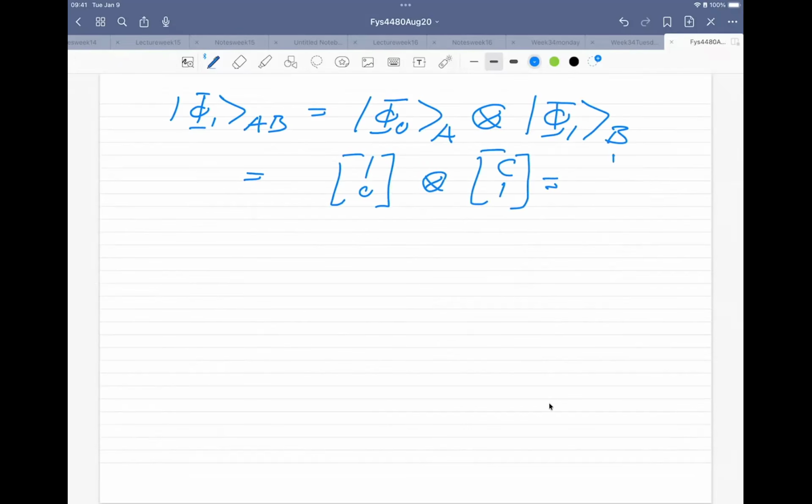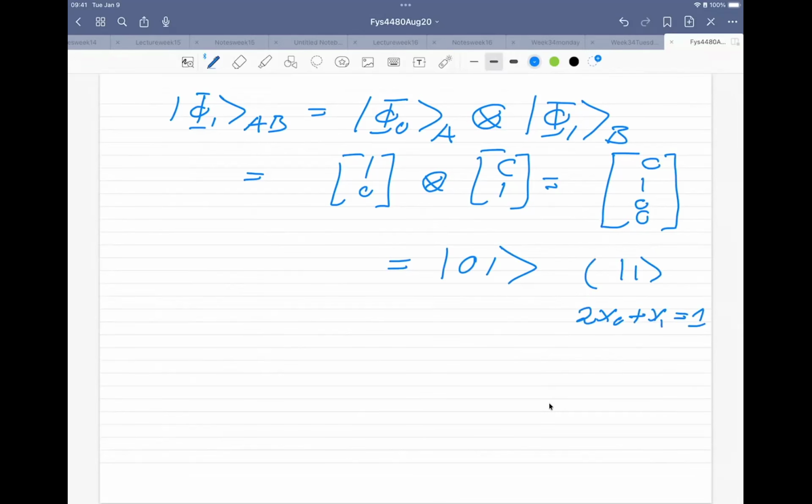And that gives me the following vector, 0, 1, 0, 0, which I will label as the state 0, 1, which is a compact way of labeling the state. Now, this is also going to be state 1 if I use as recipe 2x0 plus x1, because that's equal to 1. So you have 0 plus 1.